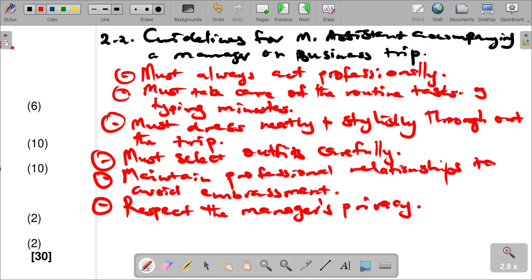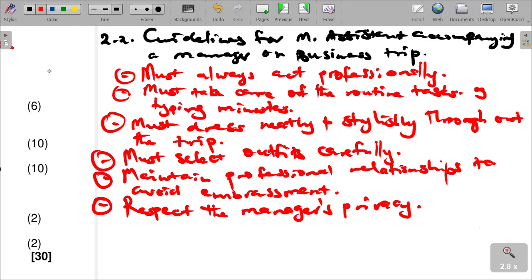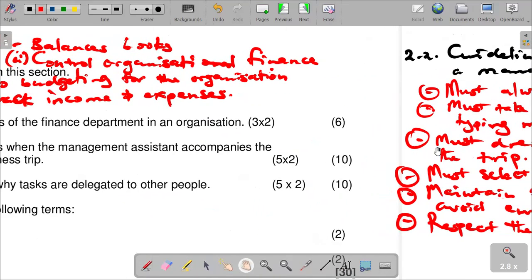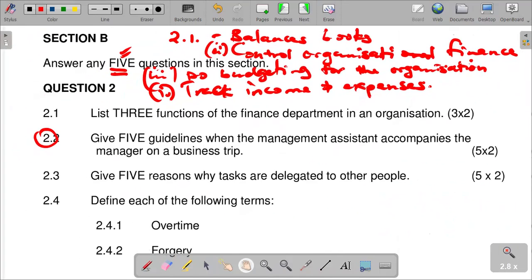That is very important, because the manager is also a human being. He also might need his own private time. So it is very recommendable that the management assistant always respects the manager's privacy, and that the privacy of the manager is maintained.